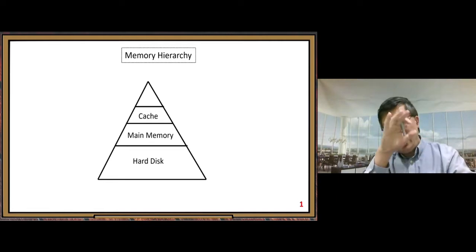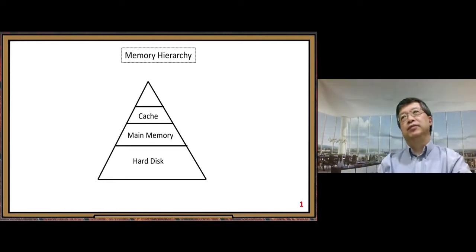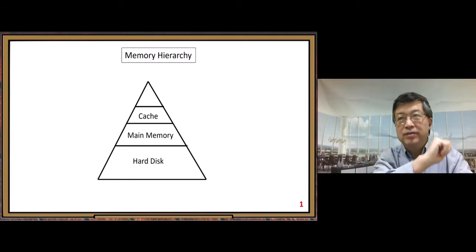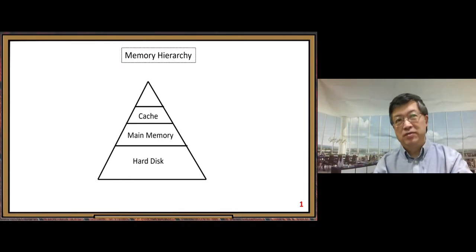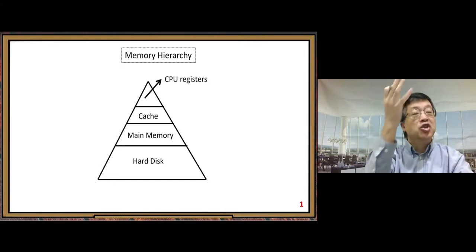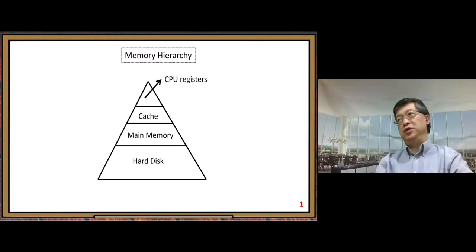Then another level higher, the cache level. It's much smaller than the memory storage space. Finally, the top level, CPU registers.